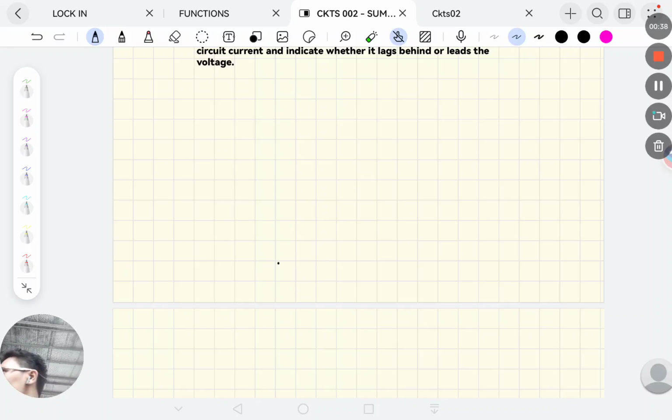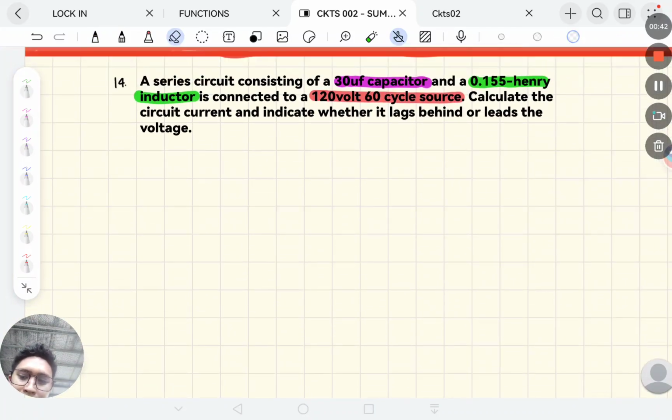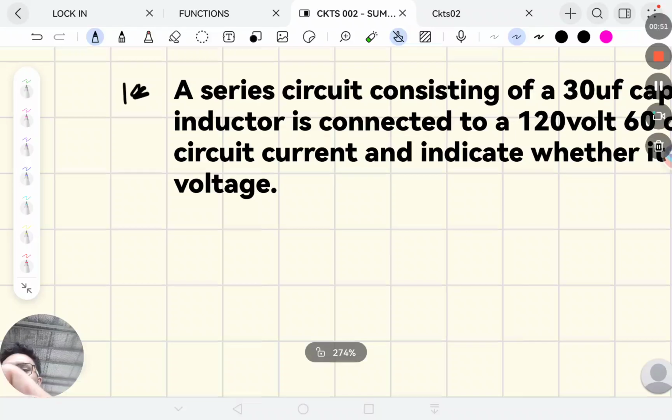Okay, so ito yung problem. Basic LC circuit ito.